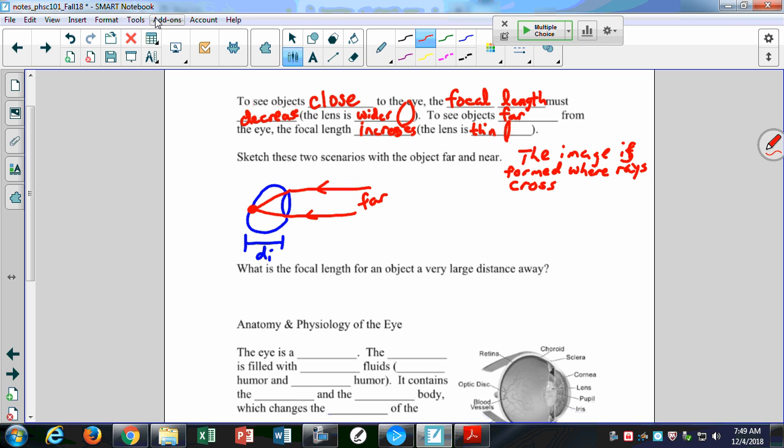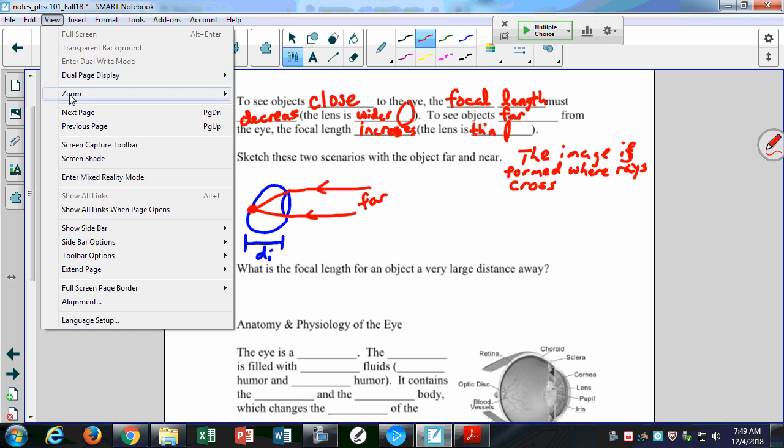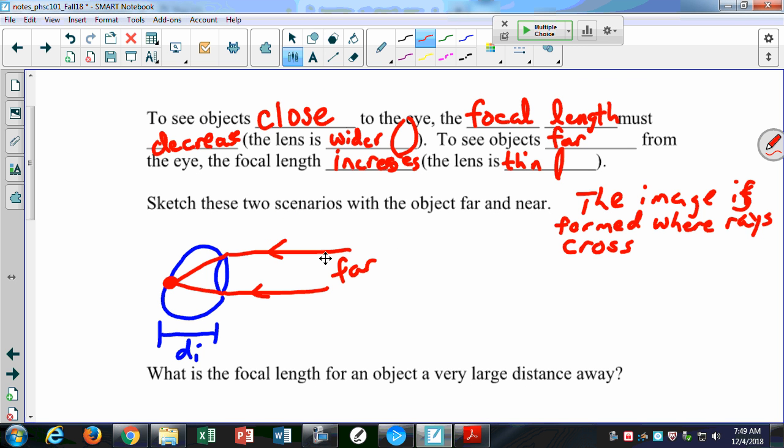And so when I have the light rays that cross at the focal point, then my image is also formed here. So when I have an object here, my image is formed right here. And so my focal length is this distance. When I'm looking at an object far away, the focal length is the length of the eyeball. Okay? This is my focal length. So DI is equal to F.